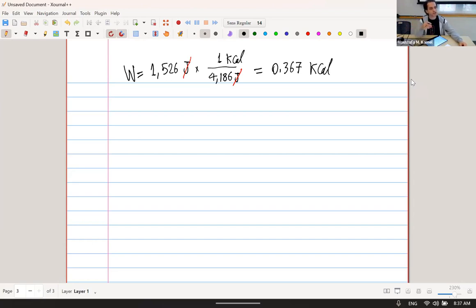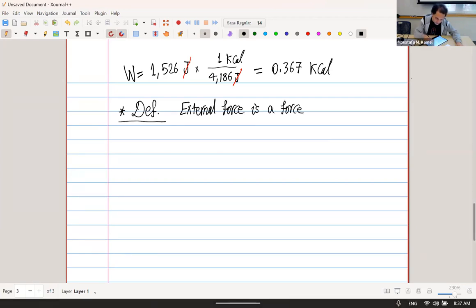So the whole discussion of systems, external versus internal, transformations versus transfers, will be important, okay? So let's write the definition. An external force is a force exerted by the environment on the system.